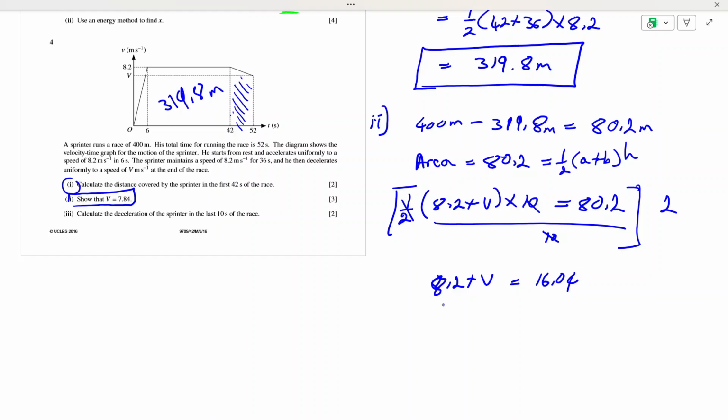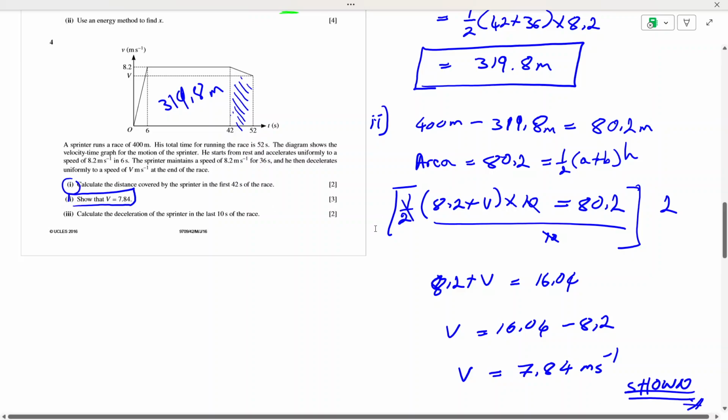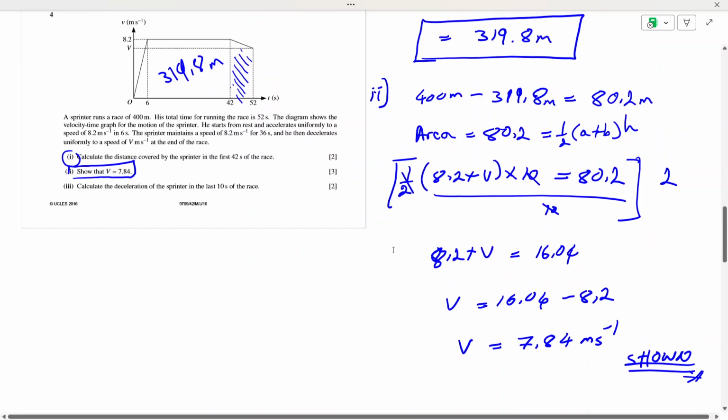Then take the 8.2 to the other side, so V is equal to 16.04 minus 8.2. That will give me an exact value of 7.84 meters per second, and here you have shown that. And that's it for part 2.